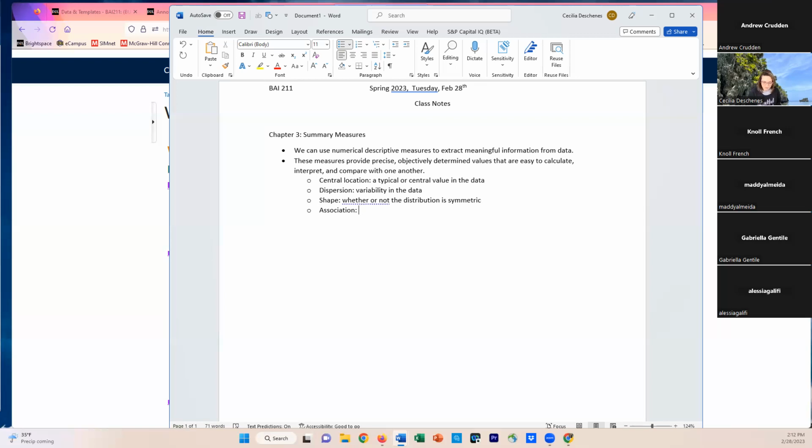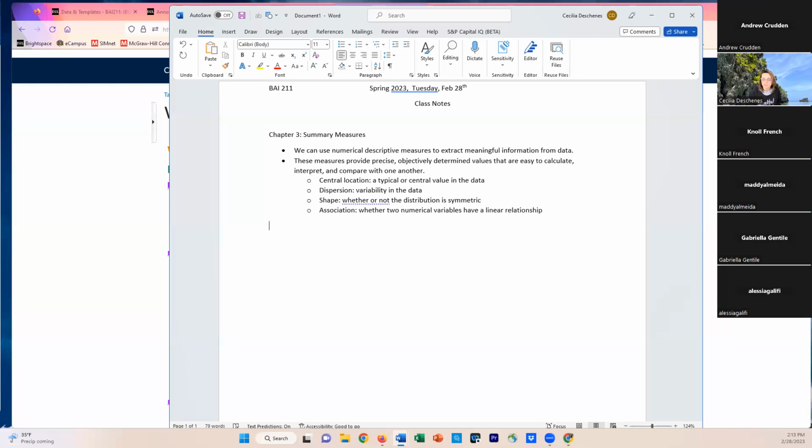So association, whether two numerical variables have a linear relationship. This is where we're starting this whole journey down this path of looking for association, looking for trends, trying to see if we can find what we're going to end up calling predictors. Okay.